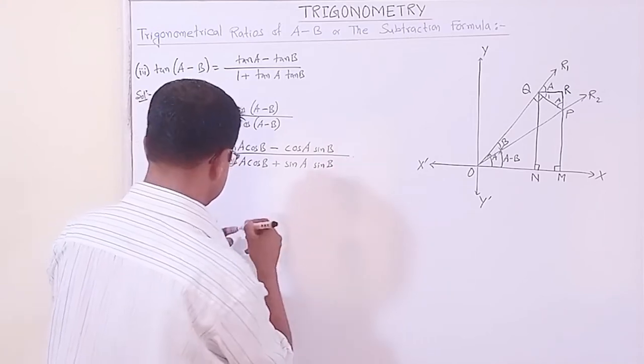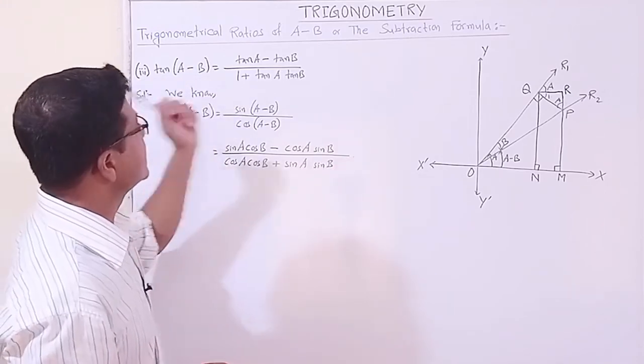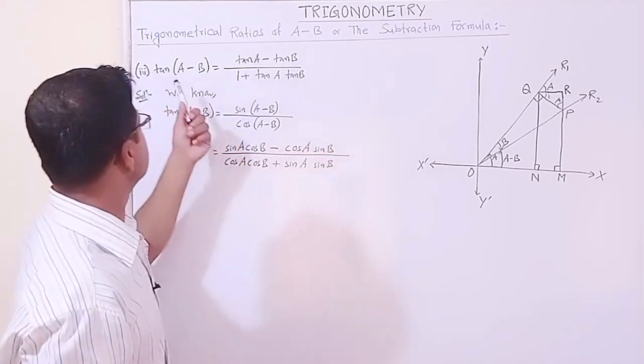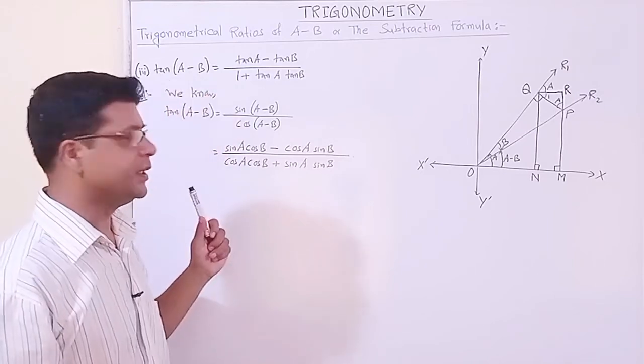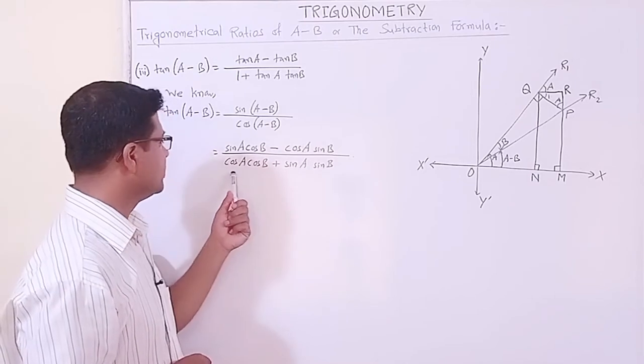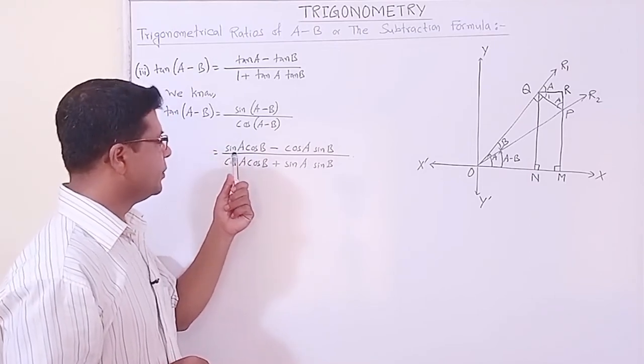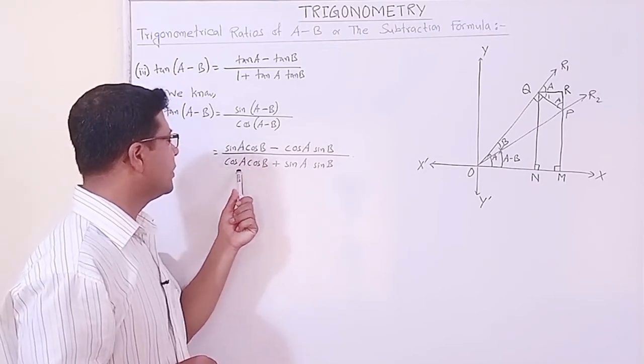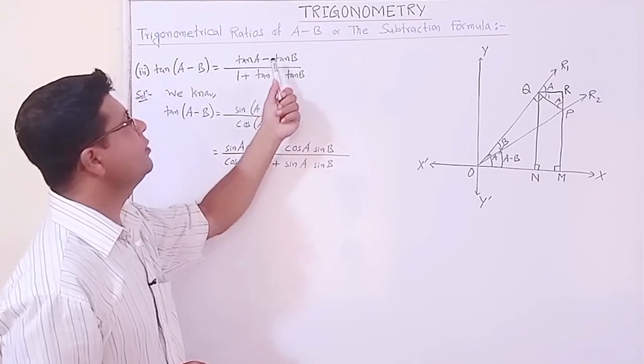Okay. Now dear children, just like the addition formula, whatever we have derived in tan of A plus B there, what we did? We divided each term by this one, isn't it? Again I am repeating, each term should be divided by cos A cos B, then only we will get this.